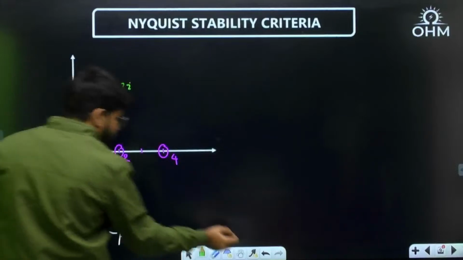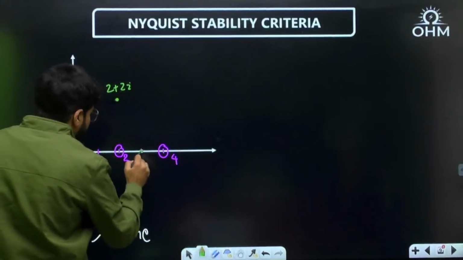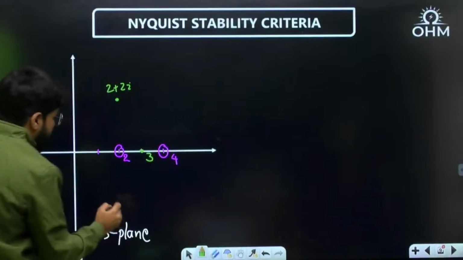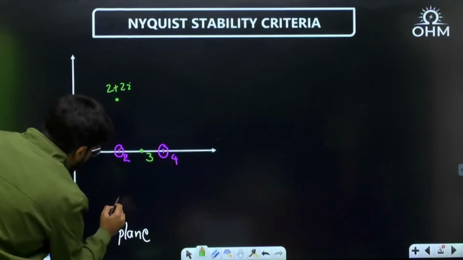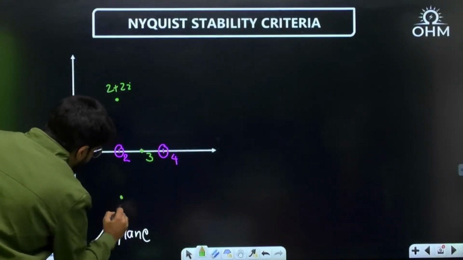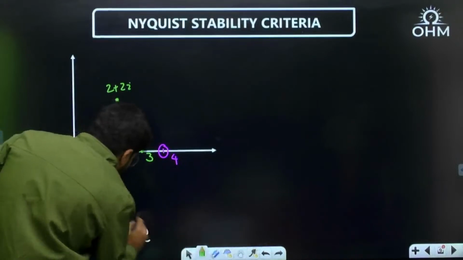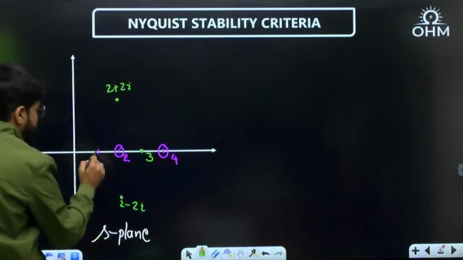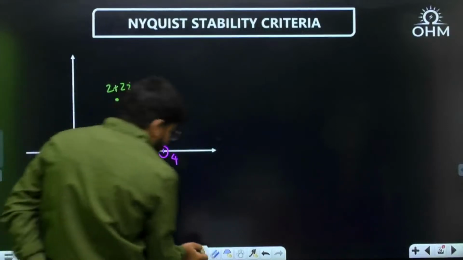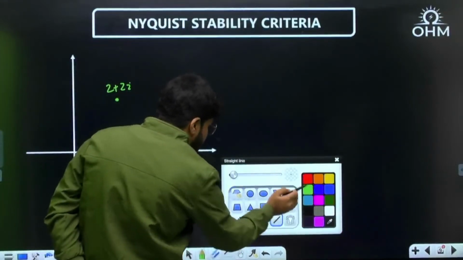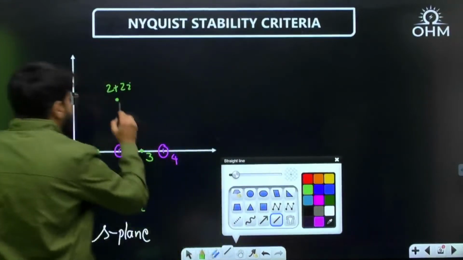Then let me come to the next value, that is S equal to 3. This was 2 plus 2i, randomly I am taking the values. Next I am taking 2 minus 2i, and next let me take it as 1. Let me take these values for example and let me join them.